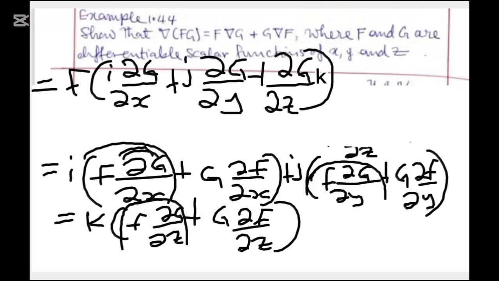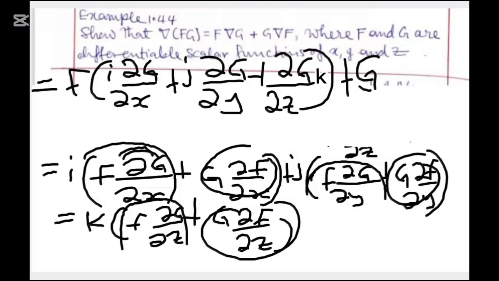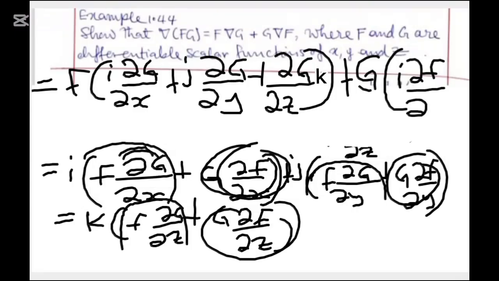So as you can see, and then I have to say plus, I have to keep down for the g. For g, I have g here, I have g here, and also I have g here. So I have to open the bracket, and I will say for i, which is partial of f, which is this, by x, then I have to say plus, but I need some space.